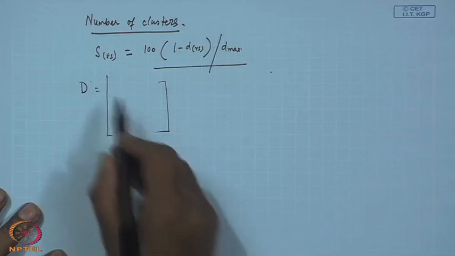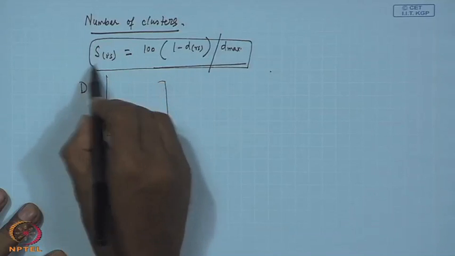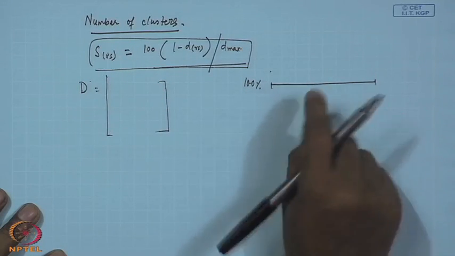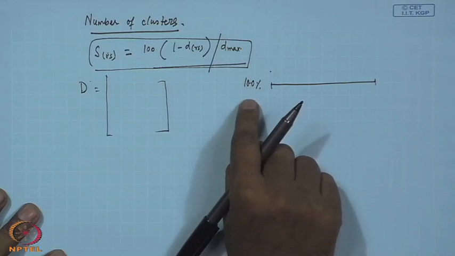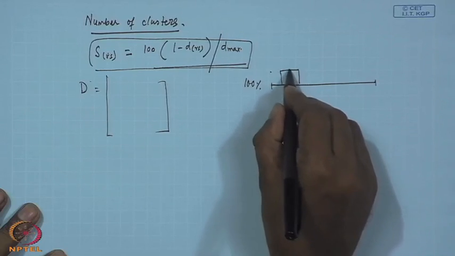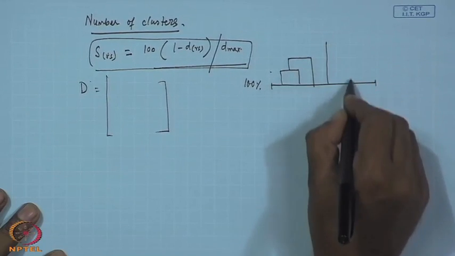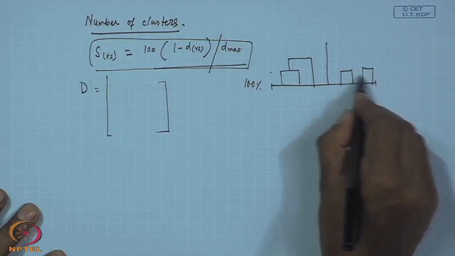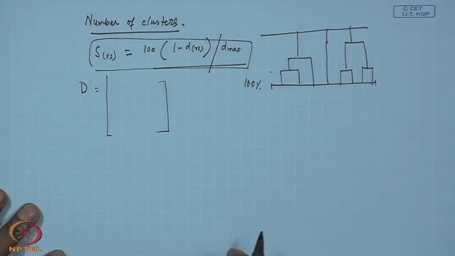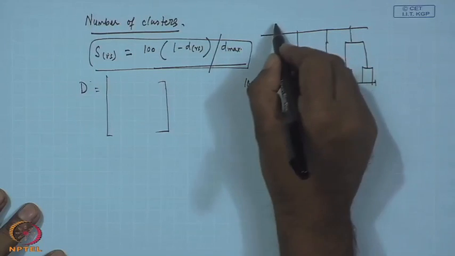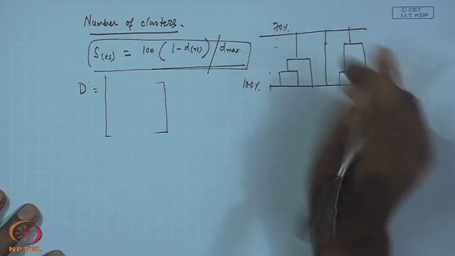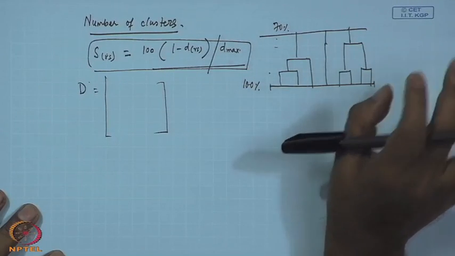As I told you, similarity measure is this, so definitely we want 100% similarity, but that is possible only when you treat each individual object as a cluster, and then you are slowly joining and making your clusters. Maybe at this level you have 70% similarity. Are you happy with 70% similarity? Is it okay? It is fine.